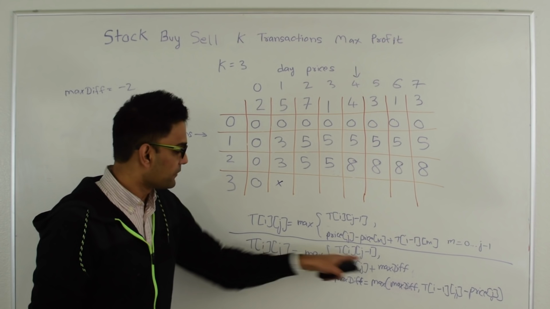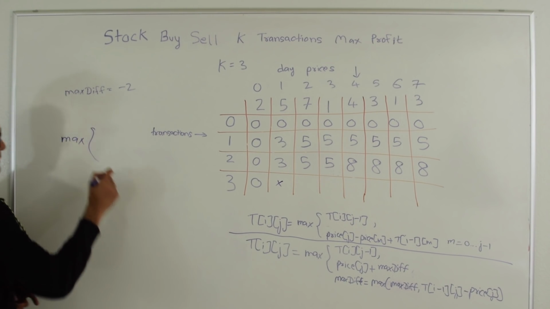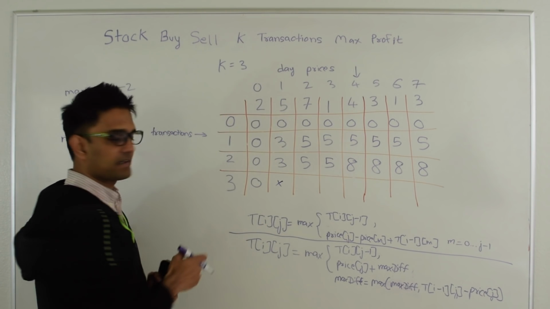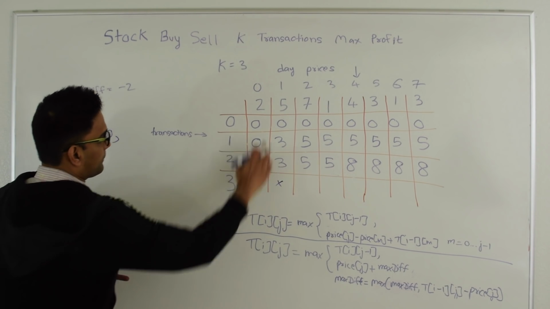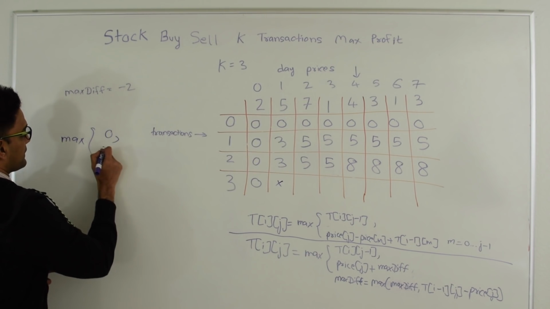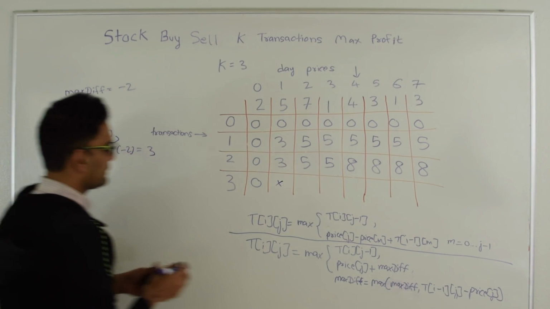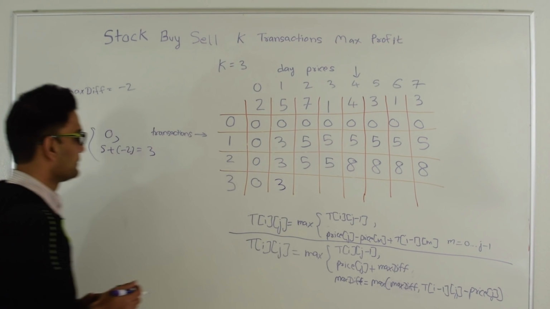Using this new formula, the value here will either be the max of T[i-1], so this value, basically not transacting at all on this day, so 0, or the price on this day, 5, plus minus 2, so this value will be 3. So this value here is again 3.